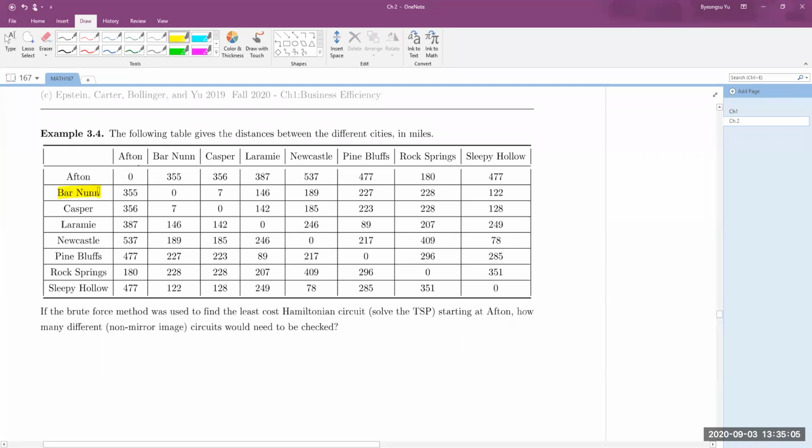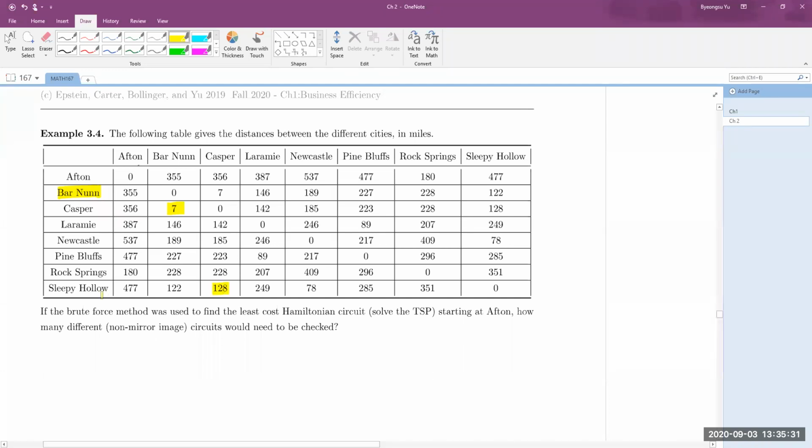the nearest city from Barnum is Casper, because it only takes 7 miles from Barnum. And from Casper, except Barnum, the nearest city is Sleepy Hollow, because 128 is less than every other distance except Barnum, right?